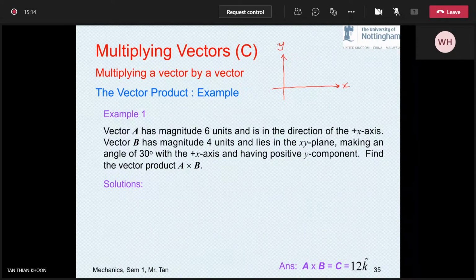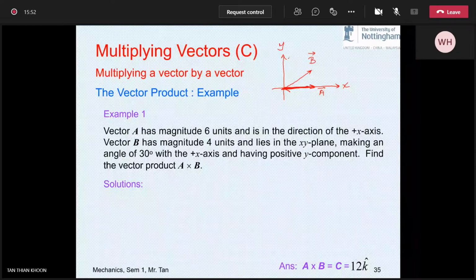We were given that vector A is in the direction of the x-axis, so this is vector A, exactly in this direction. Then they told us vector B is 30 degrees with the positive x-axis and has a positive y component. Of course, it will not be downward, but upward here. So this is vector B.